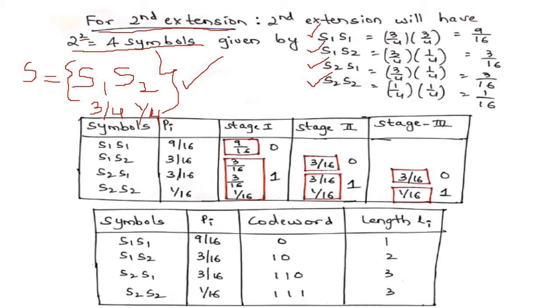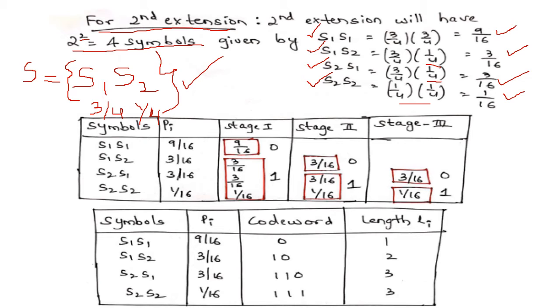Substitute their corresponding probability values and we'll obtain the total probability. S1 probability is 3 by 4, S2 probability is 1 by 4. Therefore S1 S1 probability is 9 by 16, S1 S2 probability is 3 by 16, S2 S1 probability is 3 by 16, and S2 S2 probability is 1 by 16.